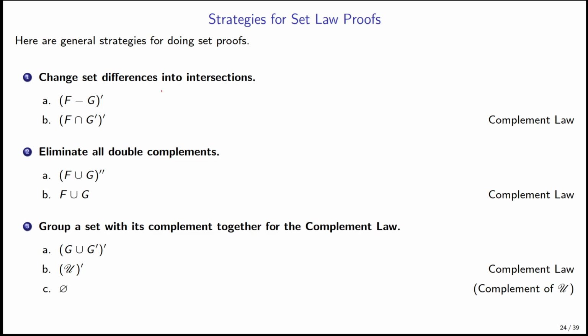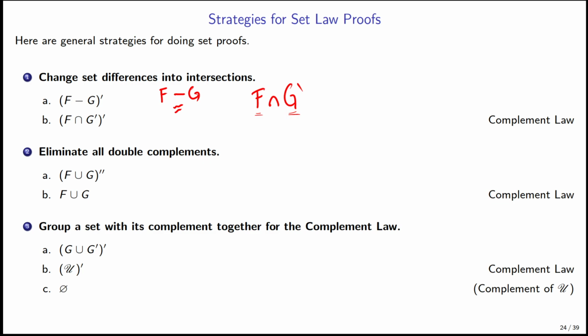So when you see something like f minus g, or you see any of these different symbols, convert that into f intersection g complement, because we don't have any rules that deal with the set difference symbol, f minus g. There's no other rules. So translating that into f intersection g complement is good, because now we have an intersection to work with, and we have a complement to work with.